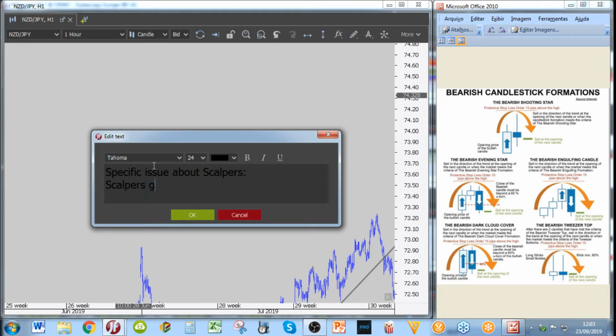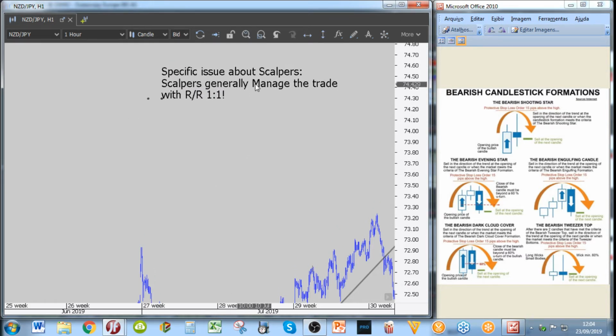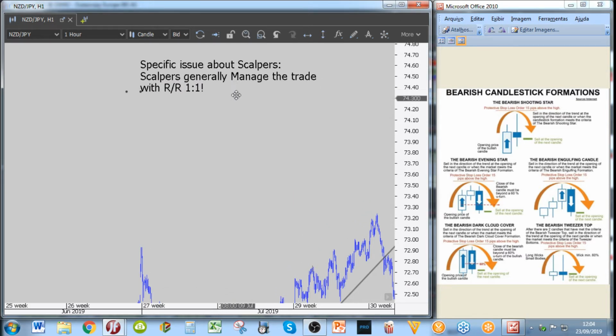Scalpers generally manage the trade with risk reward 1-to-1, everybody. This is what is different. This is a specific issue about scalpers.